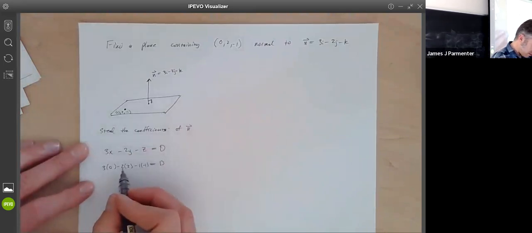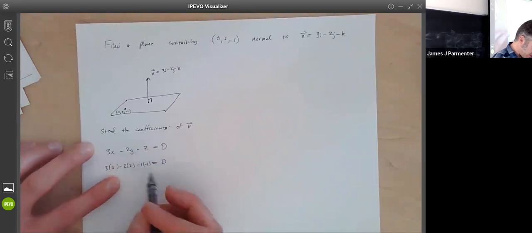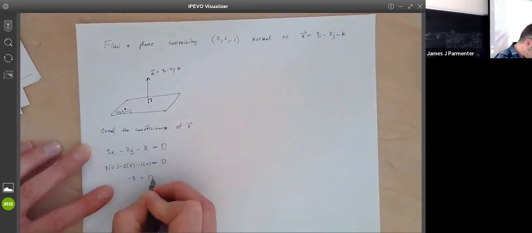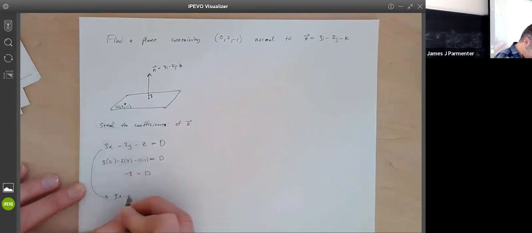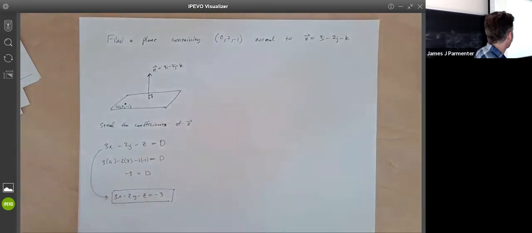And that's going to be -4 plus 1, which is -3. So the equation ends up being 3x minus 2y minus z equal to -3. And this is definitely the easier way of doing it. If you're given a vector that's perpendicular to your plane and a point in your plane, you can always calculate the equation of the plane by doing this sort of thing.